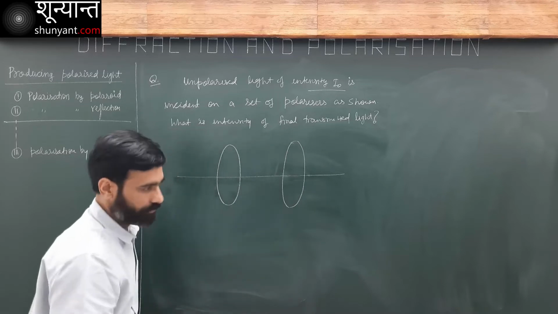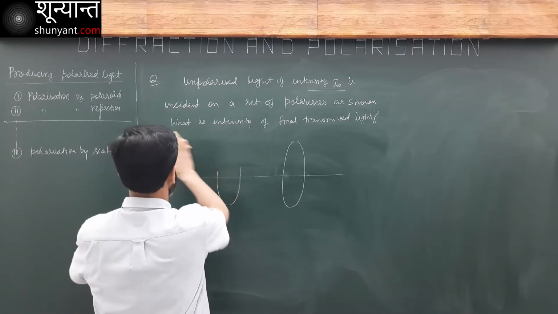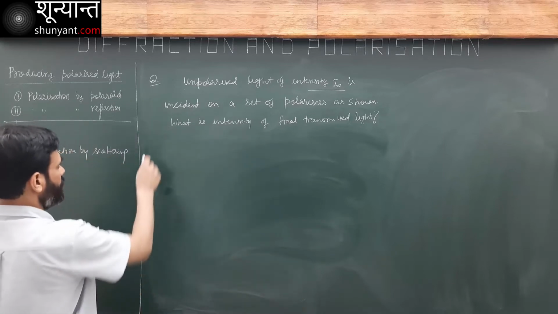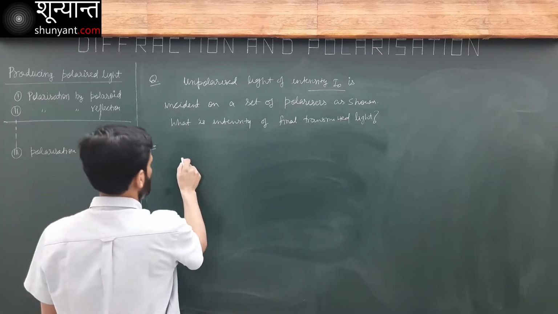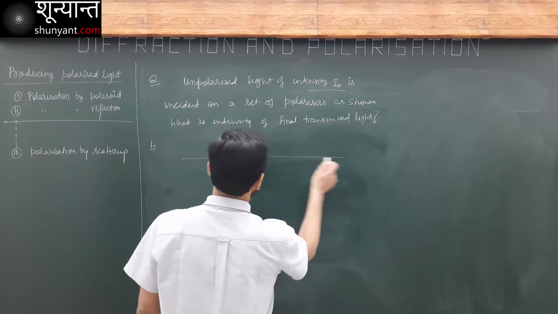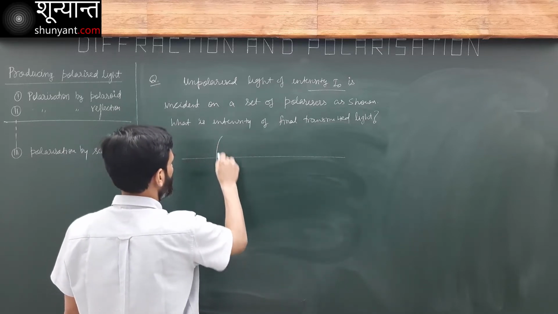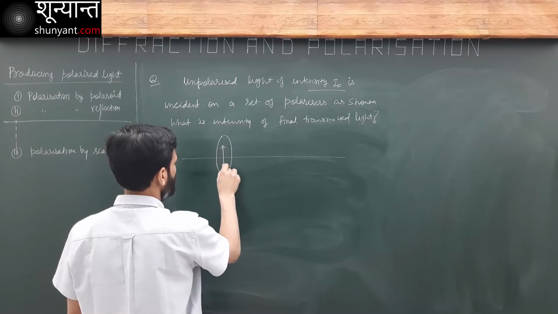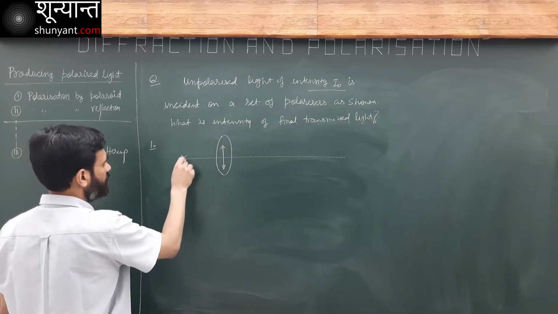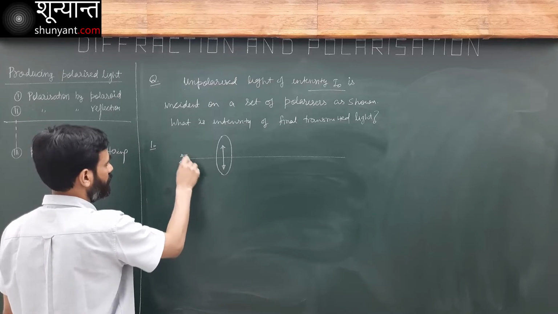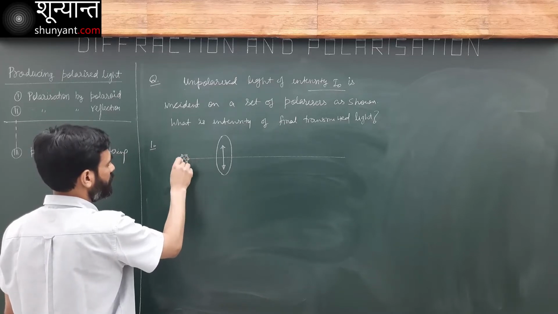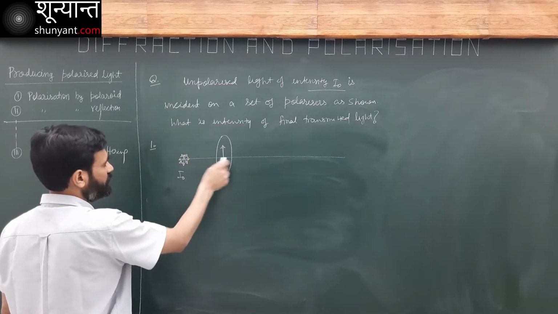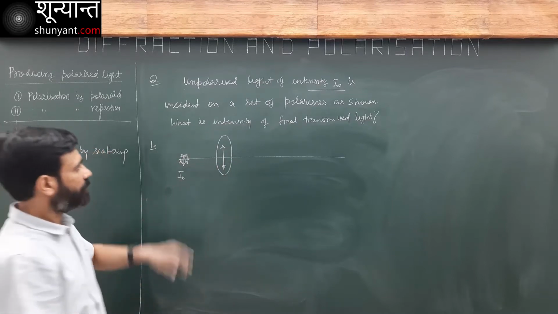Let me draw a smaller diagram, it will take too much space. I have one polarizer here with its transmission axis or polarization axis, and this is my unpolarized light of intensity I naught, incident on the first polarizer.